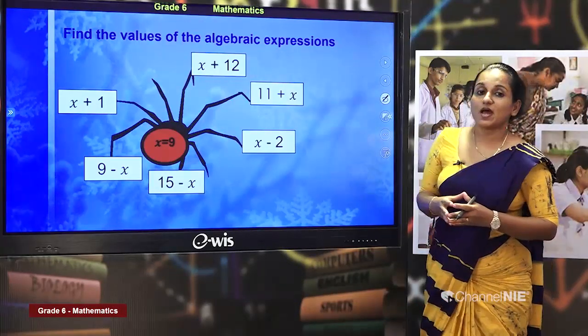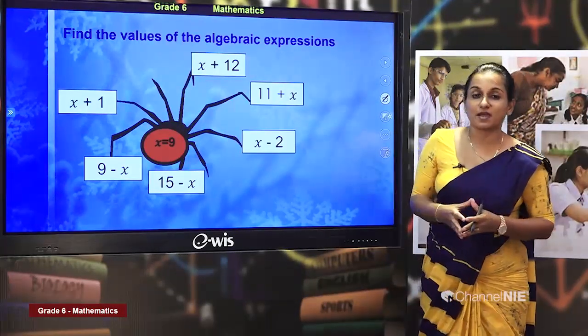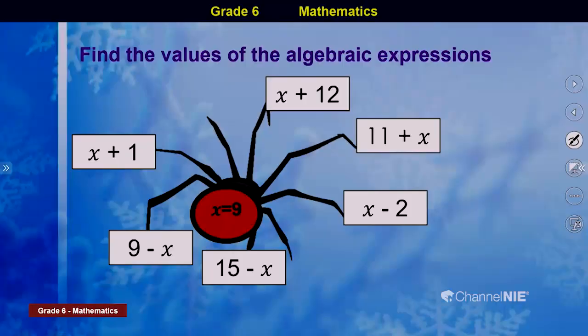Here you have the algebra spider. Can you see this algebra spider is surrounded by 6 algebraic expressions. Now what we have to do is substitute x equals 9 to each of these algebraic expressions.